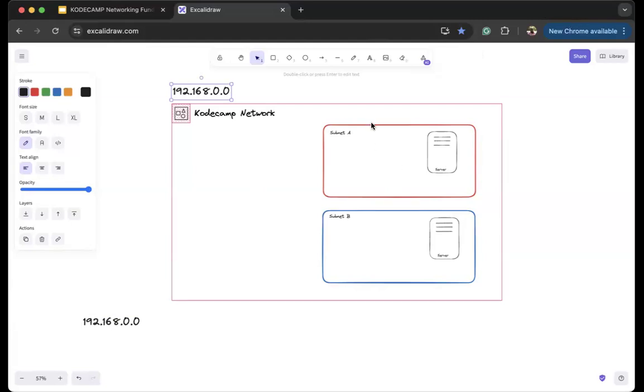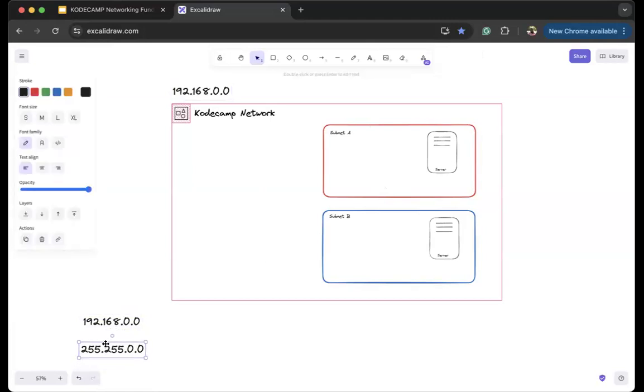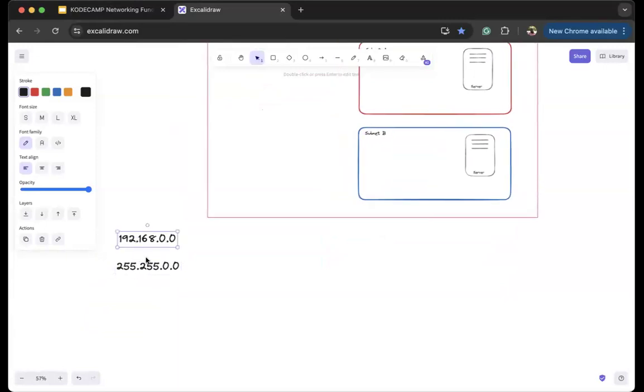Say we have a subnet mask of, for instance... Now you're seeing that it's breaking down your IP address into the portion for the network and the portion for your hosts.